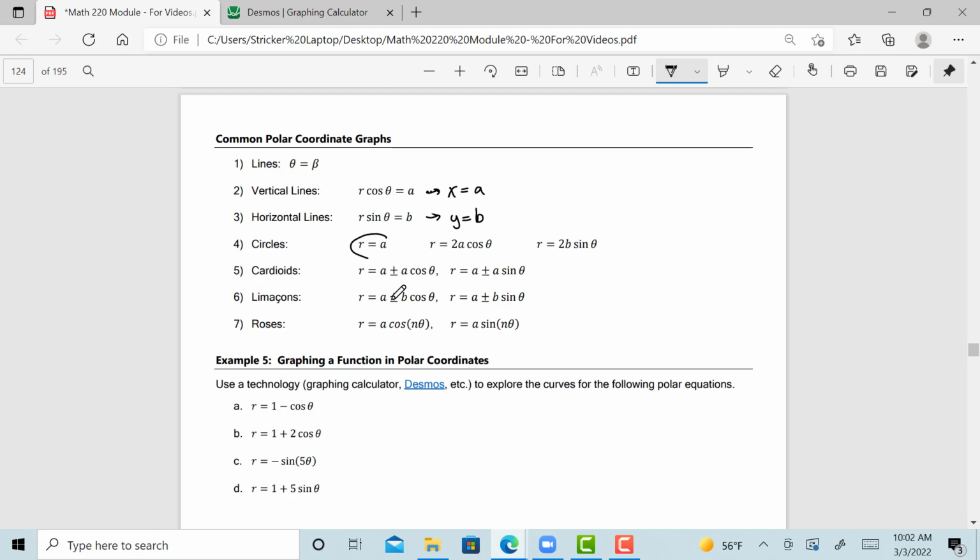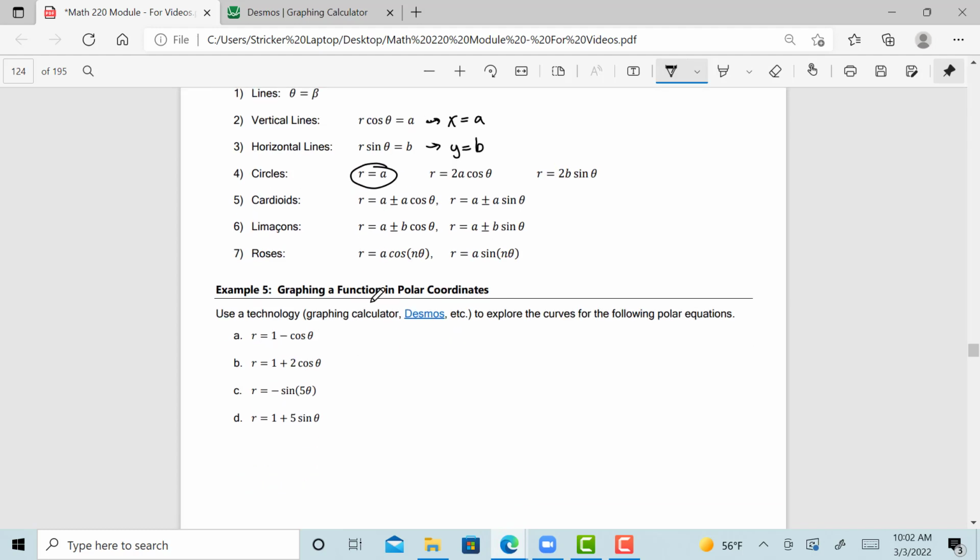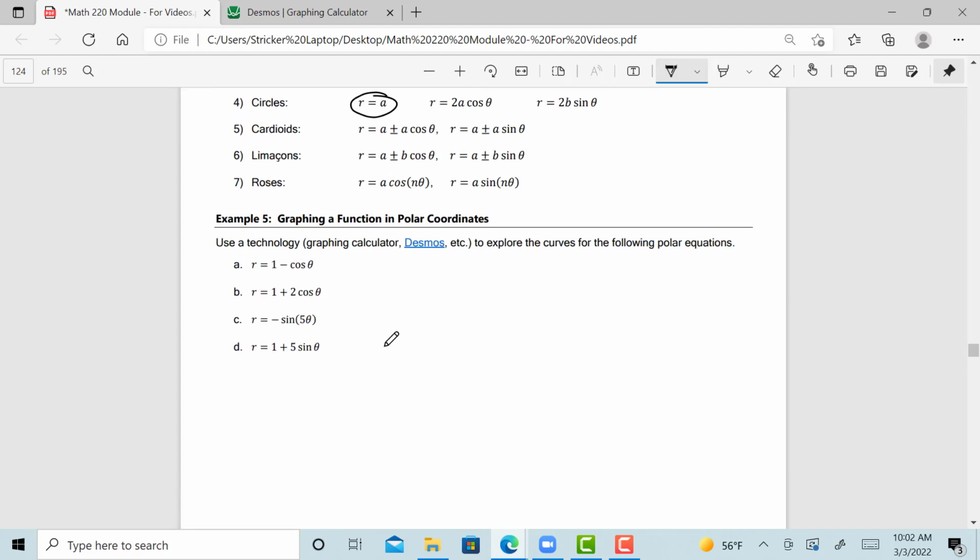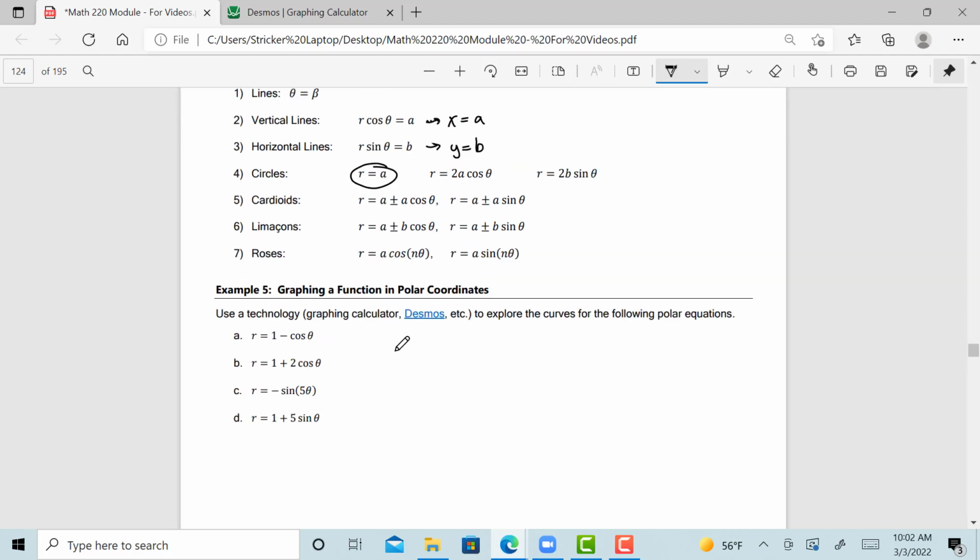We already talked about when we have r equals a constant, that's a circle. But there's a bunch of other things here. One of the cool things we can do is graph some of these different curves and see what they look like.